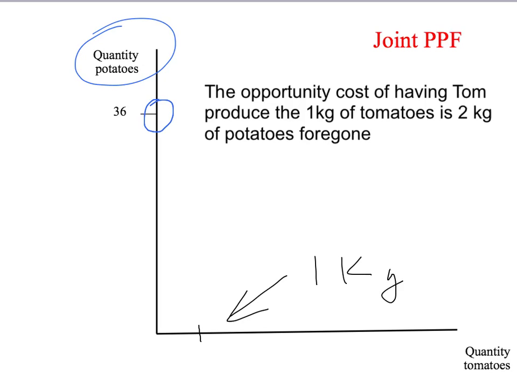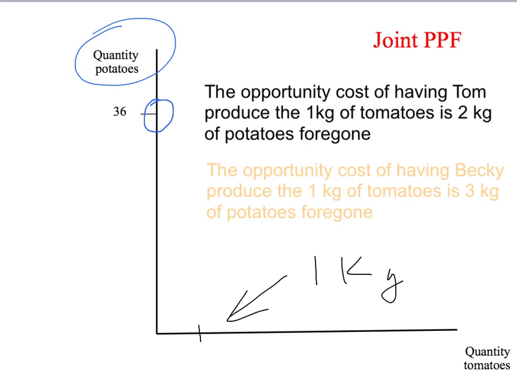Remember, the opportunity cost of having Tom produce that first kilogram of tomatoes is 2 kilograms of potatoes foregone, whereas the opportunity cost of having Becky produce the 1 kilogram of tomatoes is 3 kilograms of potatoes foregone. So if Tom and Becky decide that Becky should produce that first kilogram of tomatoes, sure, she'll only take 6 hours, but Tom and Becky together will be 1 kilogram of potatoes worse off.